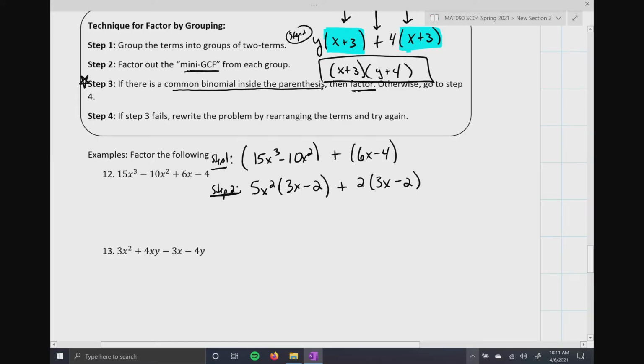B, you're shaking your head yes. Can you tell me why? The terms are the same in the parentheses. Perfect. When we look inside the parentheses, they're the same. And because they're the same, I can factor it out, which is step 3. I'm going to write it over here.